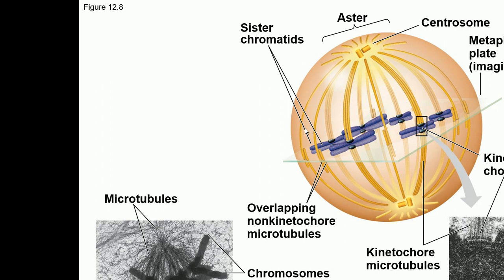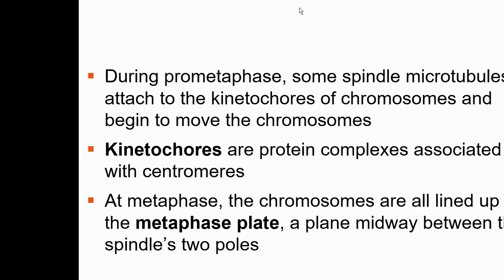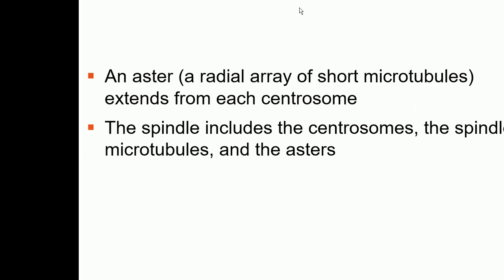They basically help in the stretching of the cell. So this is the whole mitotic spindle, which includes kinetochore microtubules, non-kinetochore microtubules, and also there are small microtubules which originate from the centrosome, and they're called asters. So the spindle includes centrosomes, spindle microtubules, and the asters.